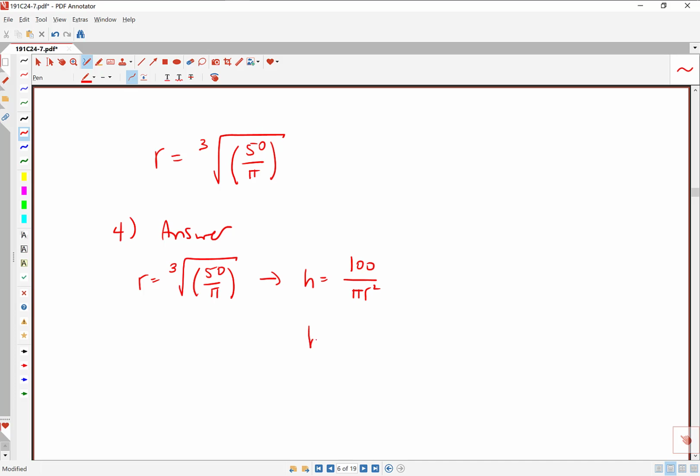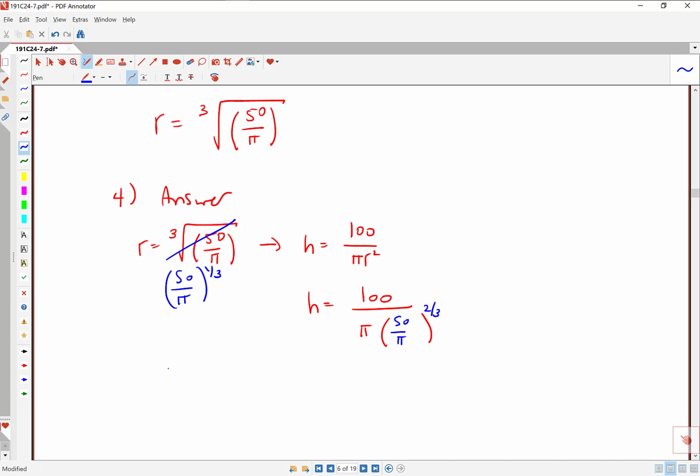Okay, so that tells us that H looks like 100 divided by pi times, now we need to square R. Okay, let's think of R as being 50 over pi to the 1/3. It just might make life a little easier when we go to our calculator. So a cube root of something is the same thing as raising something to the 1/3 power. And therefore, when we say R squared, we can call that 50 over pi to the 2/3.